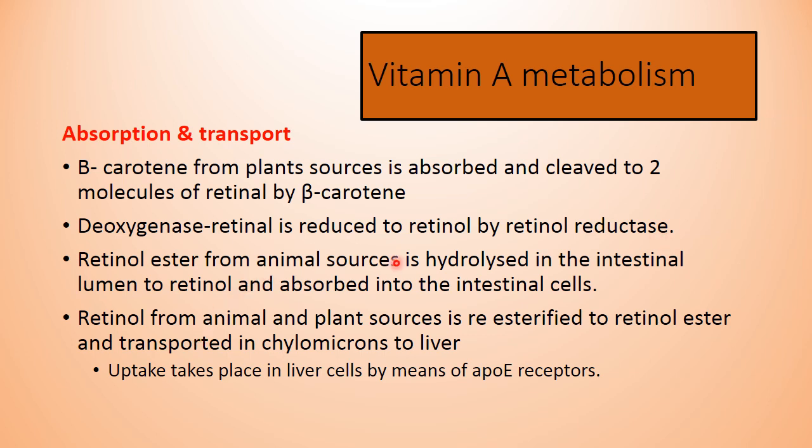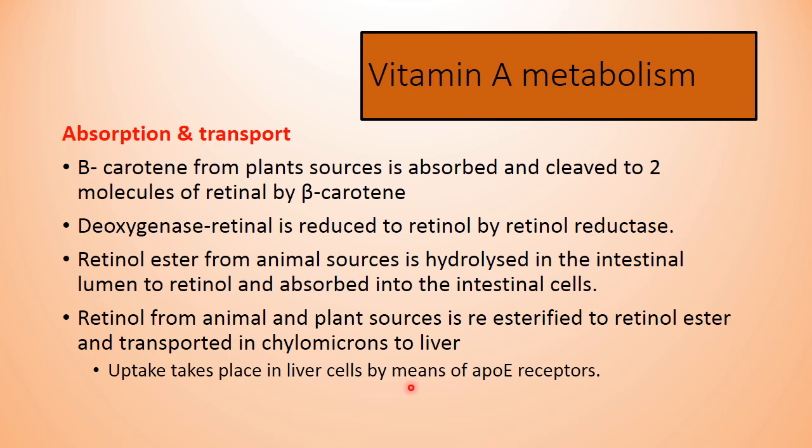Retinol ester from animal source is hydrolyzed in the intestinal lumen to retinol and absorbed into intestinal cells. Retinol from animal and plant sources is again esterified to form retinol ester and is transported in chylomicrons to the liver.